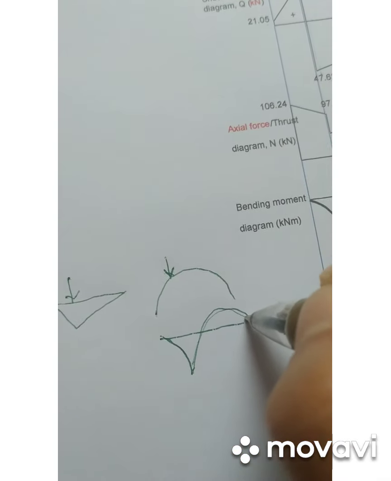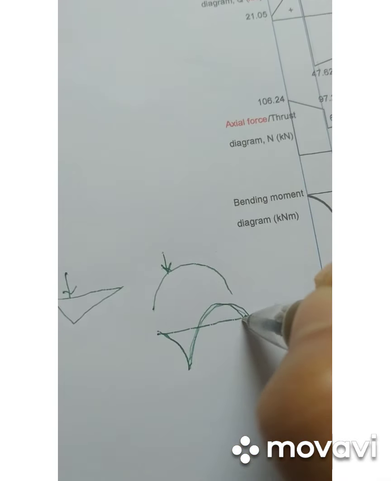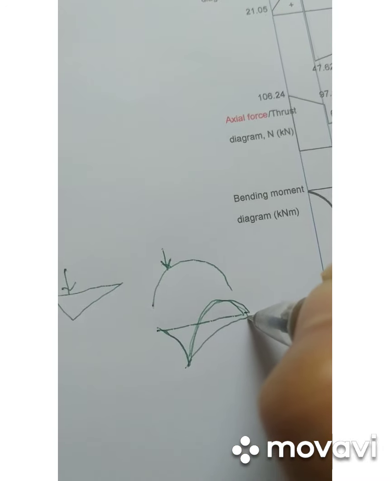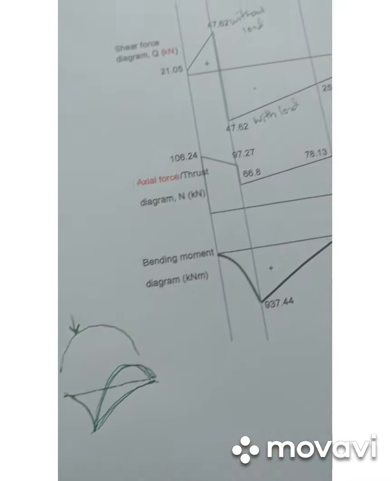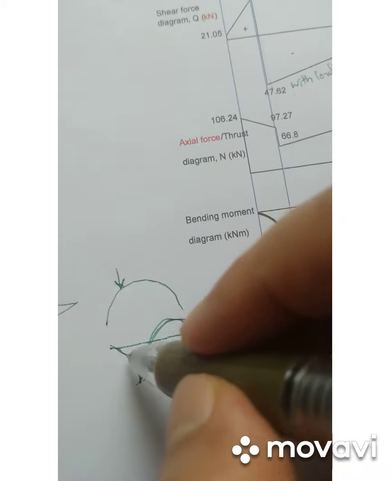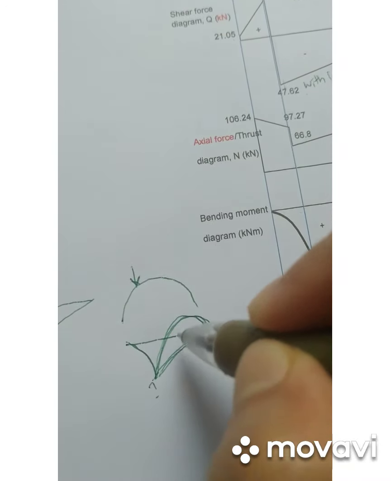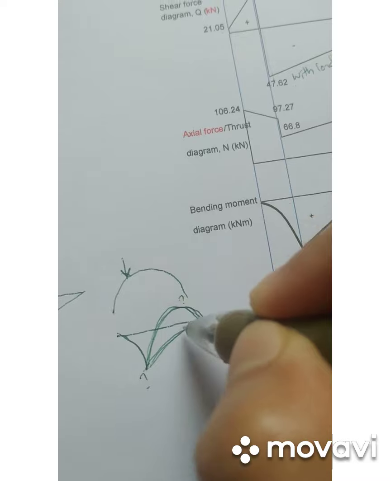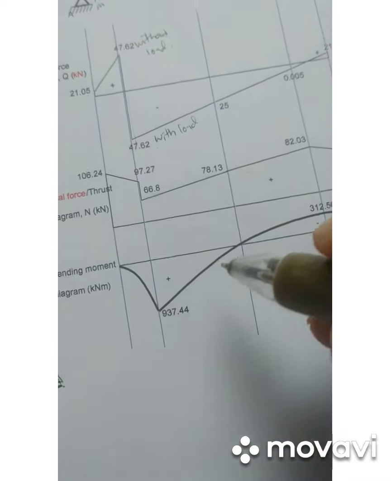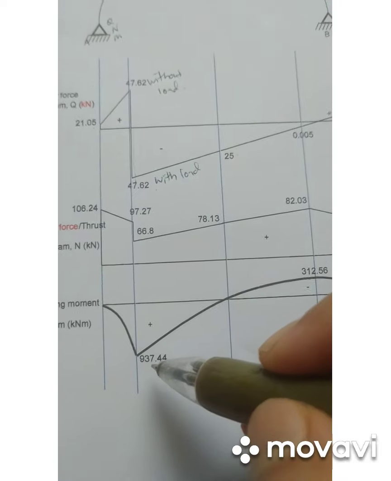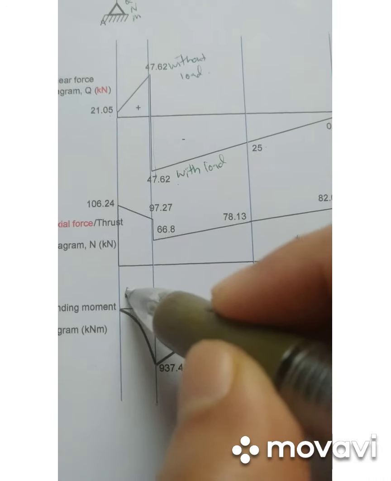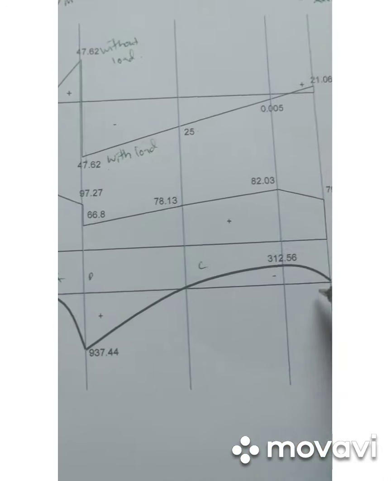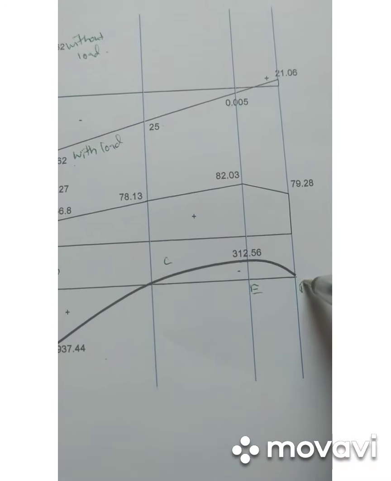The shape will be curved, either on top or at the bottom. So that's why you have to calculate what the value is here, here, or here. So from the calculation, I get for points A, D, C, E, and B.